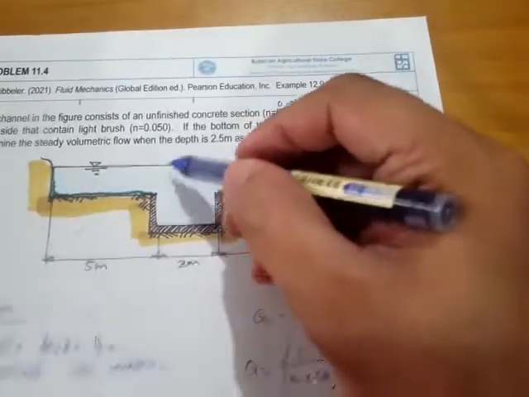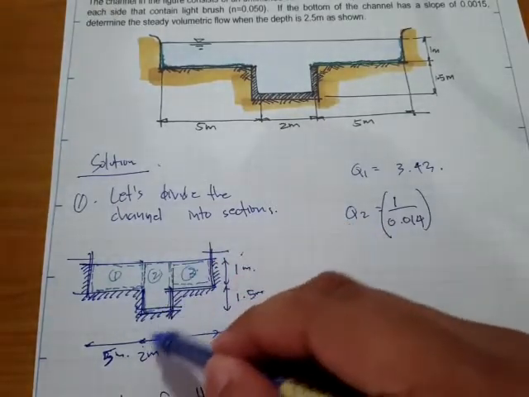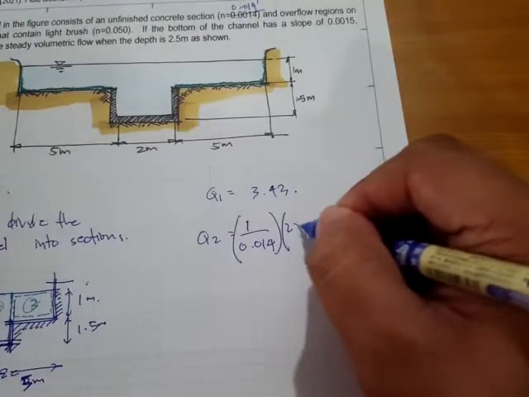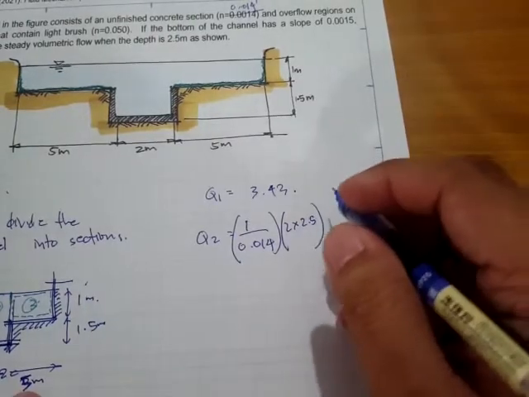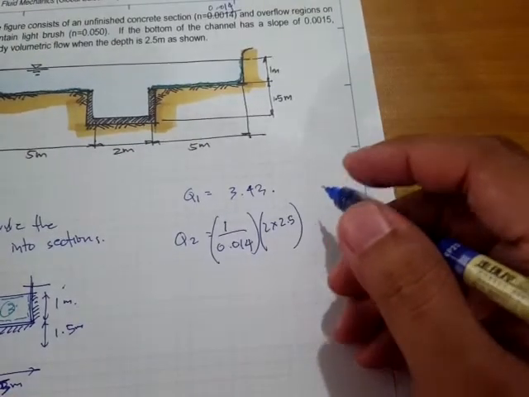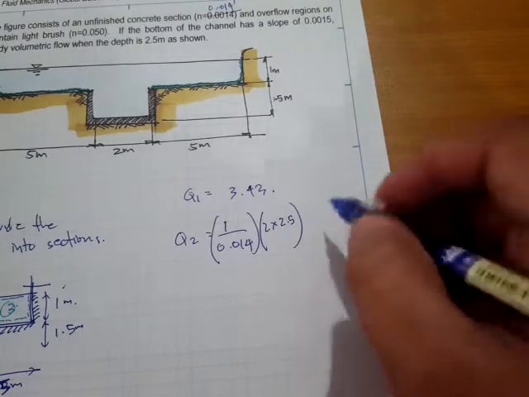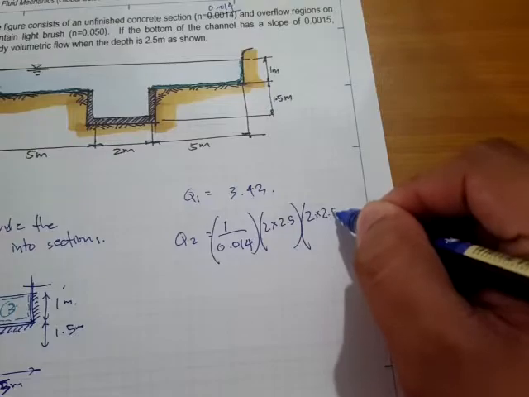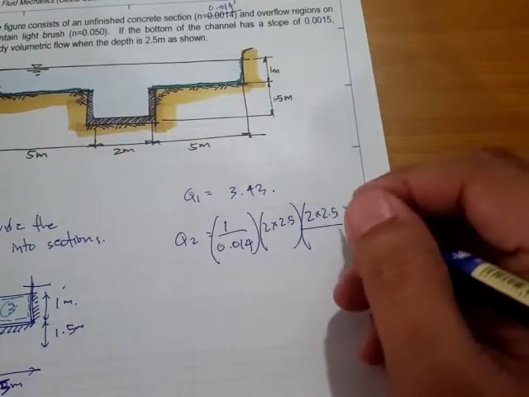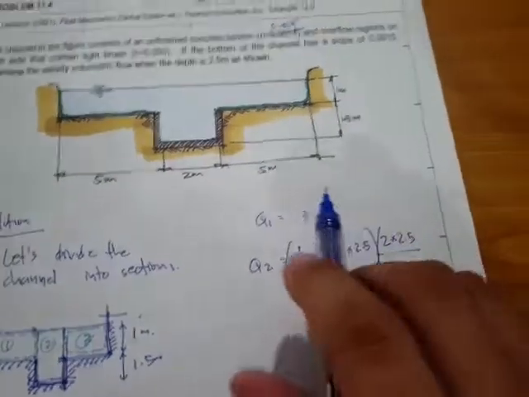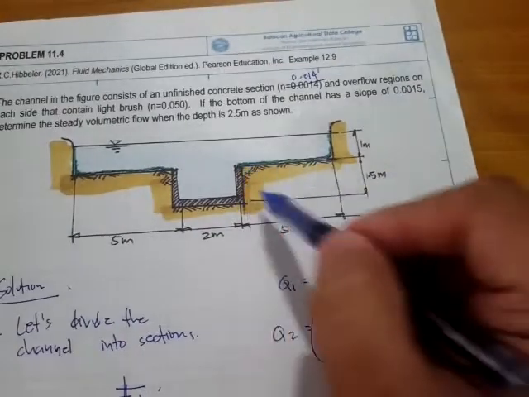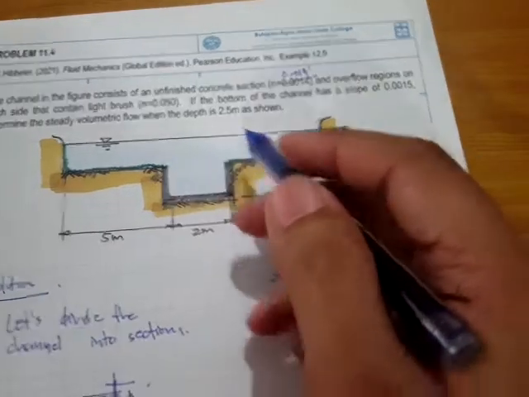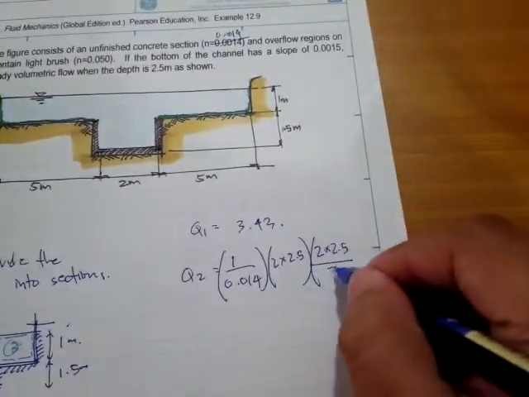The area is 2 times 2.5, times the hydraulic radius, 2 times 2.5 divided by the wetted perimeter. The wetted perimeter right here is 1.5 plus 2 plus 1.5, so that's basically 5.